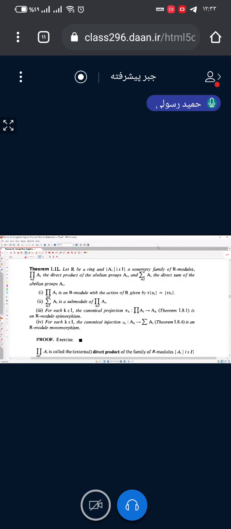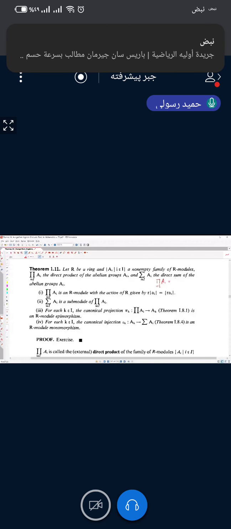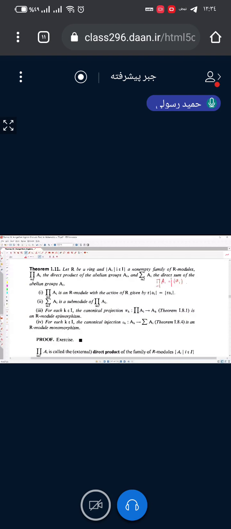The product of A_i is the set of all sequences (a_i), here shown by this notation, such that a_i belongs to A_i for i in I. To make the product of A_i an R-module, we have the operation of summation, which is defined in this form: (a_i) plus (b_i), and r dot (a_i) is defined to be (r a_i), as it is said here.